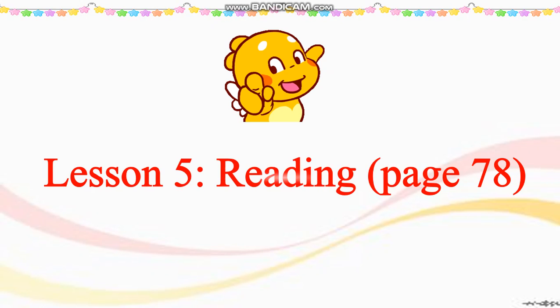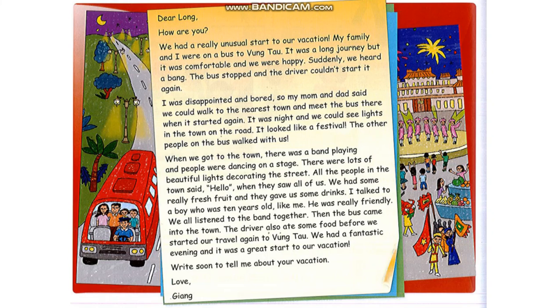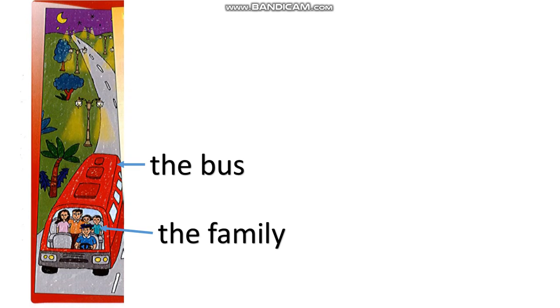Now, lesson 5, reading page 78. You will take a test in your student book. Look at the pictures on your left hand. What can you see? The bus and the people. Yeah, it's maybe family.